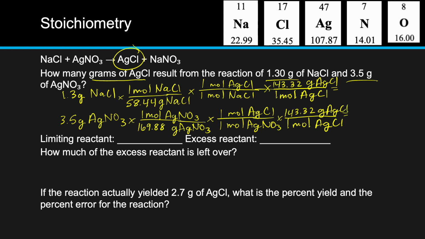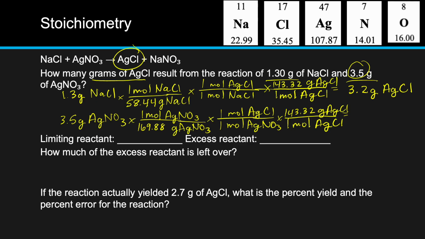So now I can go ahead and solve each problem. So I have 1.3 divided by 58.44, press equals, and then multiply by 143.32. Rounded to 2 sig figs, that would give me 3.2 grams of AgCl.